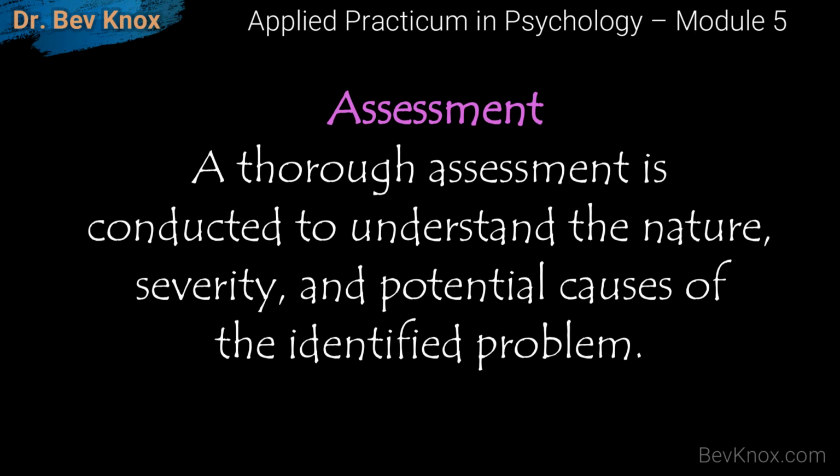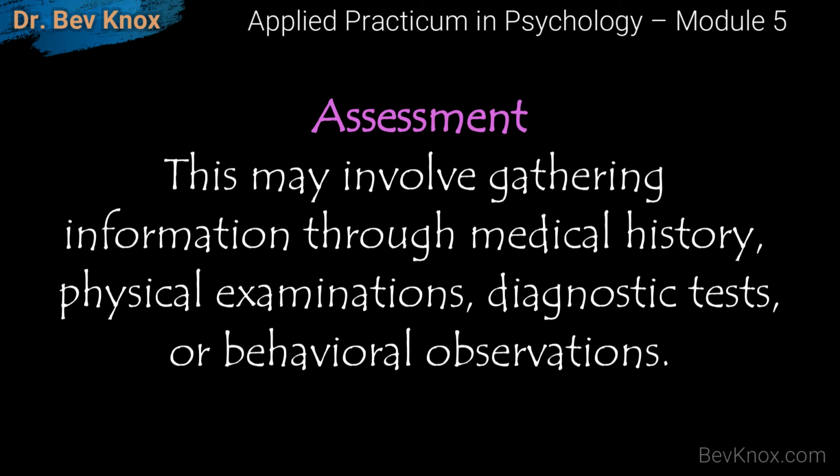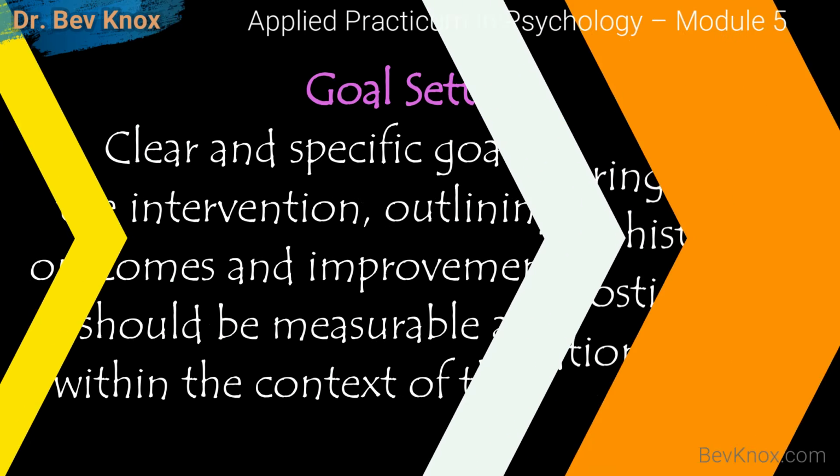Second, assessment. A thorough assessment is conducted to understand the nature, severity, and potential causes of the identified problem. This may involve gathering information through medical history, physical examinations, diagnostic tests, or behavioral observations.